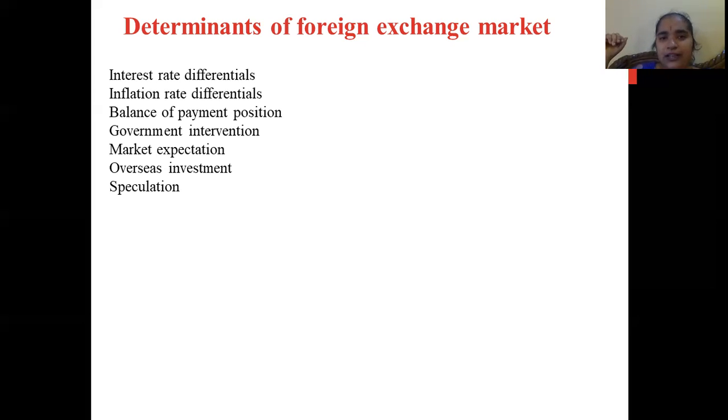Next important determinant of foreign exchange rate is government intervention. Government intervention means the policies of the government undertaken so that imports are restricted, or restricting MNCs from transferring huge funds from that country to its home country.